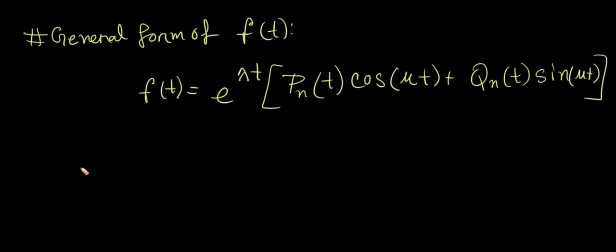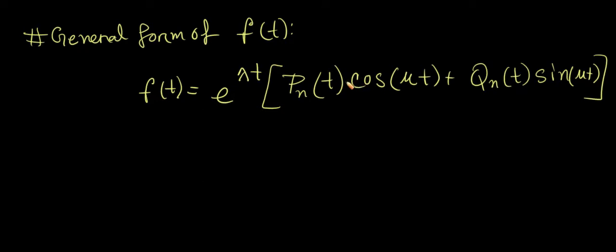Let me write down what these parameters are. Pn and Qn are n degree polynomials. So your function f of t can be a polynomial function, and it might have some sinusoidal parts, and at the same time it might have some exponential parts.